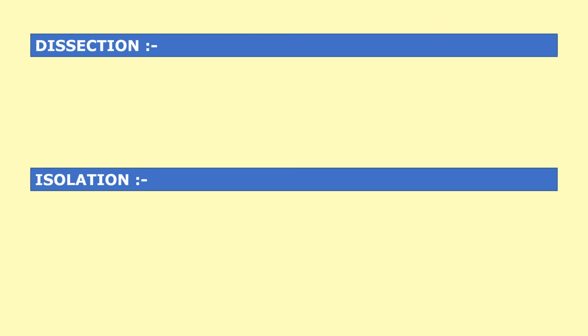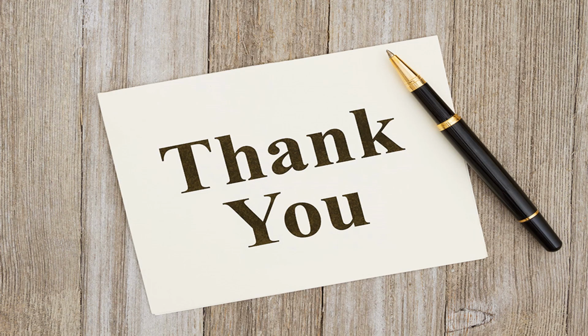Separation of tissues and organs outside the body is called isolation. And dissection means exposure of different body parts with the help of dissecting instruments. Thank you.